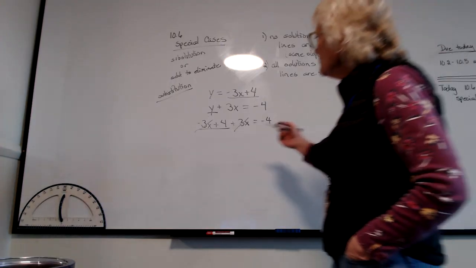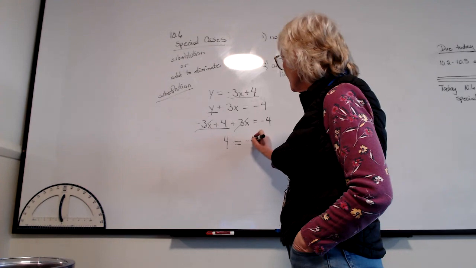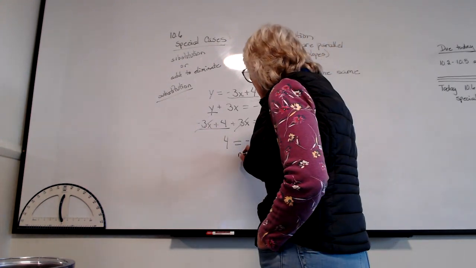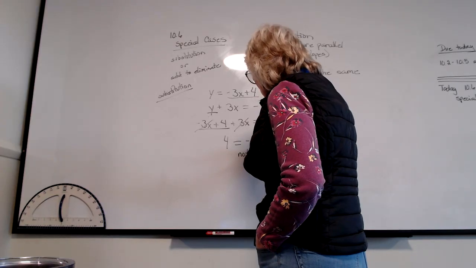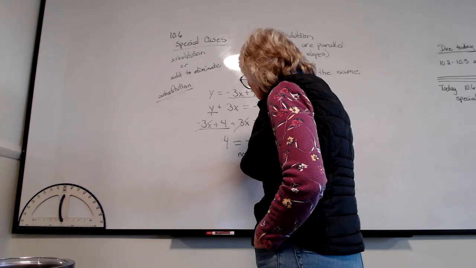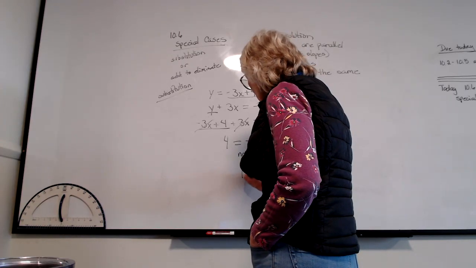But let's see what we get for a result. So 4 equals negative 4. Is that true? No. If it's not true, then there are no solutions. These two lines are parallel.